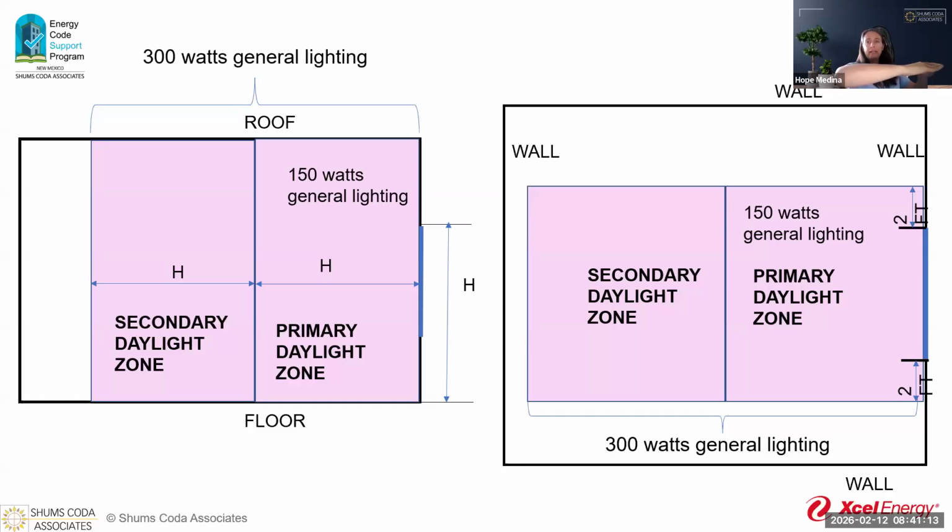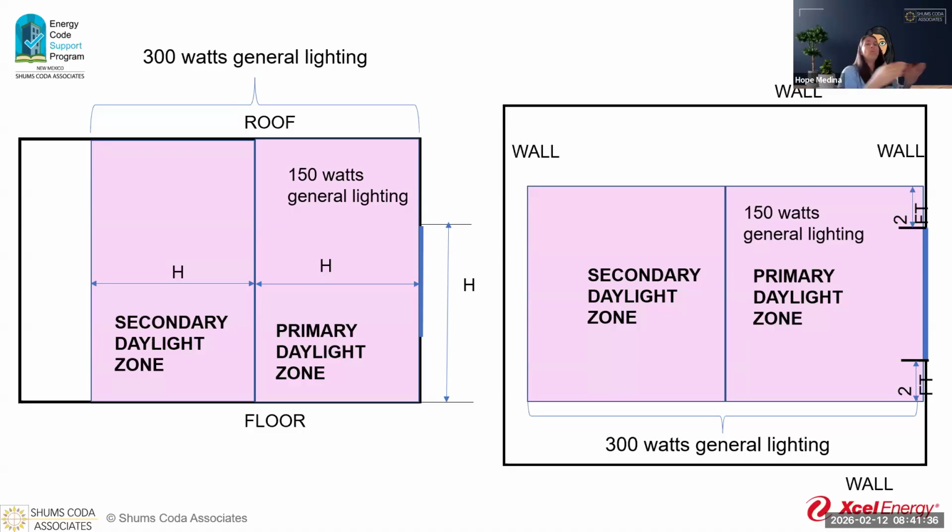That's your primary daylight zone. Then we double it up and measure again another 10 feet, and that's our secondary daylight zone. So basically, from the window, we would measure out 20 feet, cut it in half, and we've got primary and secondary daylight zone. Now, that's just the depth of it.